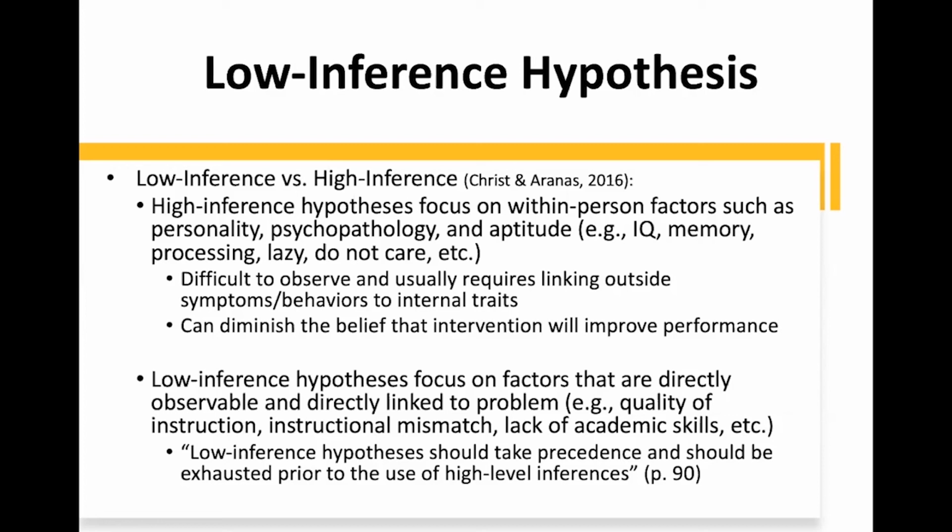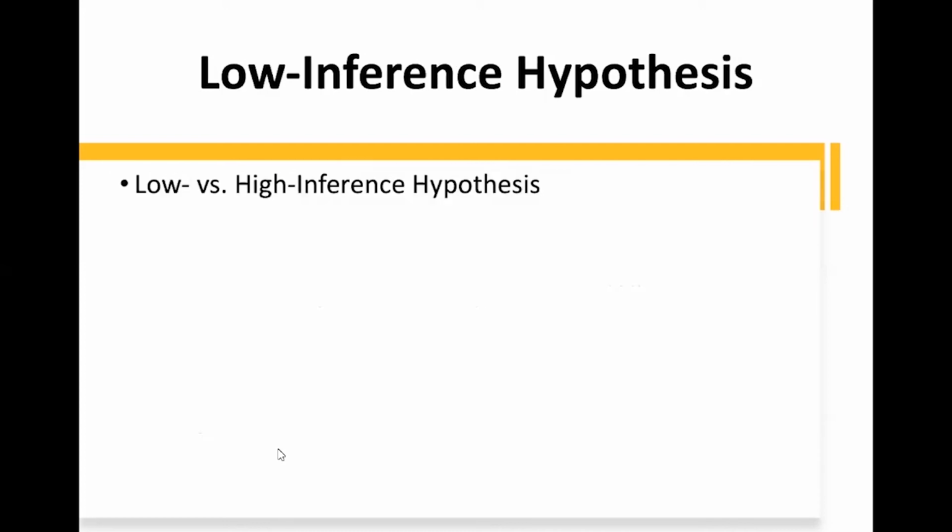So you have to start with factors that are most closely related to the actual presenting concern. And in school-based settings, that forces us to start with the learning ecology: instruction, curriculum, task, management, student skills. So that's an important piece when we're focusing on creating low inference hypotheses.